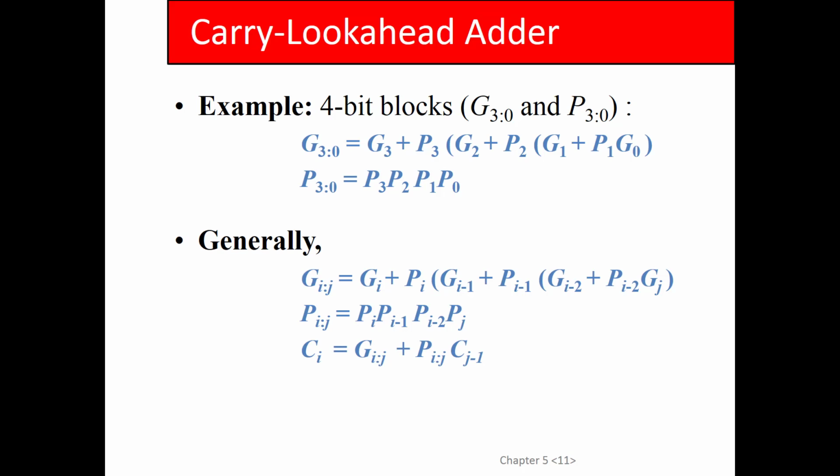Well, basically, if all the propagate bits inside this block are all 1s, then the whole thing propagates, right? So in other words, generate 3 down to 0 is the leftmost generate, or the leftmost propagate, and whether you carry into bit 3, column 3. You guys with me? So this kind of nests itself down, right?